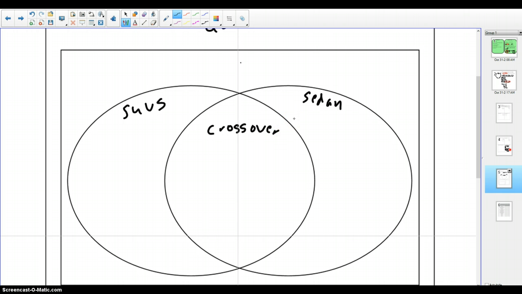Or if we're talking about food, we could have grains and vegetables. In the middle, we could have, let's say, pasta with meat, or spaghetti. Where it overlaps is something that fits in both groups.